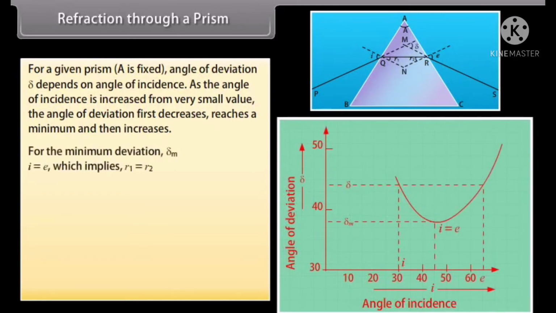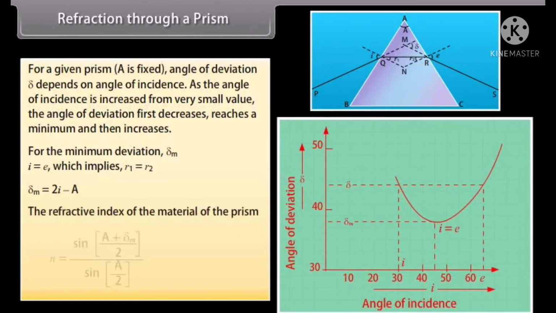For minimum deviation, i is equal to e, which implies r1 is equal to r2. Delta minimum is equal to 2i minus A. The refractive index of the material of the prism, n, is equal to sine of (A plus delta minimum) by 2 divided by sine of A by 2.